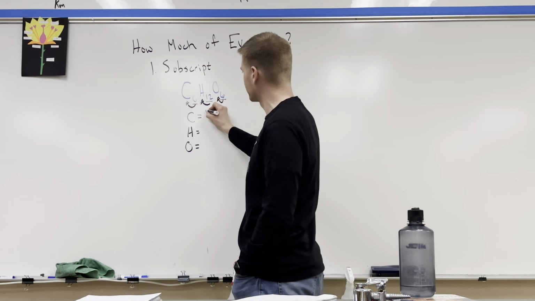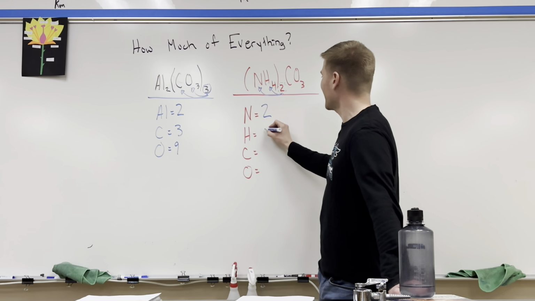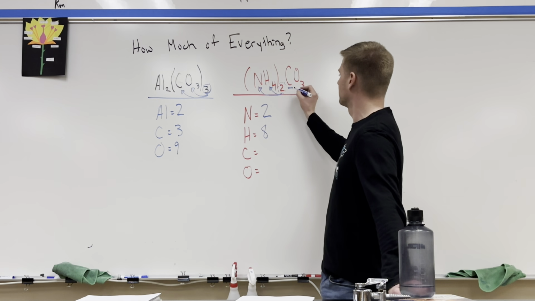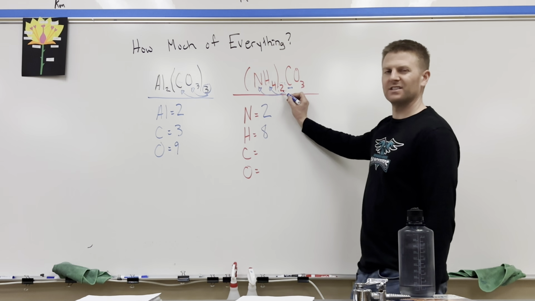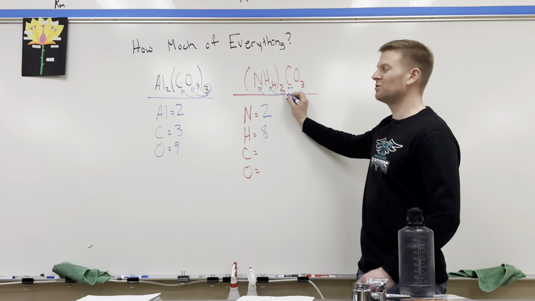So when we start distributing in here, this 2 is going to go to the H. It's also going to go to the N. So we're going to have 2 N's. 4 times 2 is 8 H's. Now the tricky one here is the C. This 2 only goes to the left.